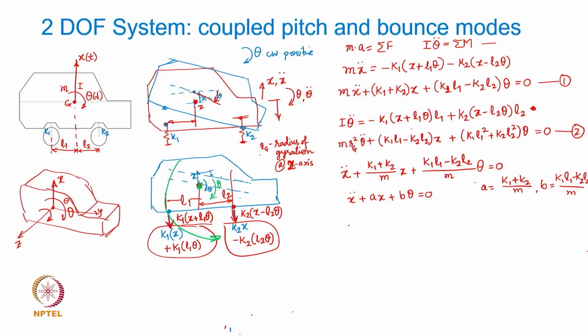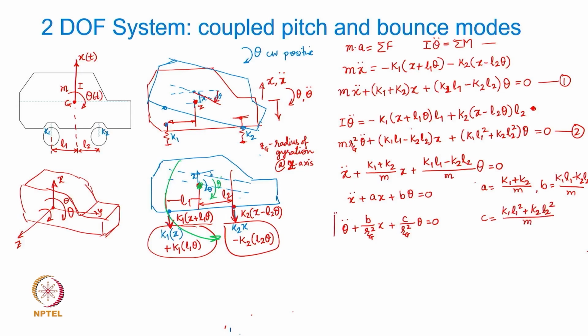And then the second equation, it so turns out, is going to be theta double dot plus, I would write this as b over rg square, you can figure that out yourself, into x plus c by rg square theta equal to 0, where now I will write c to be k1 L1 square plus k2 L2 square over m.